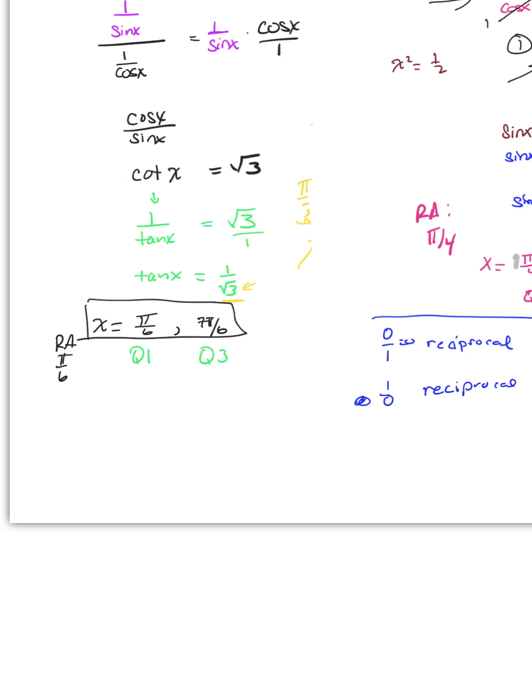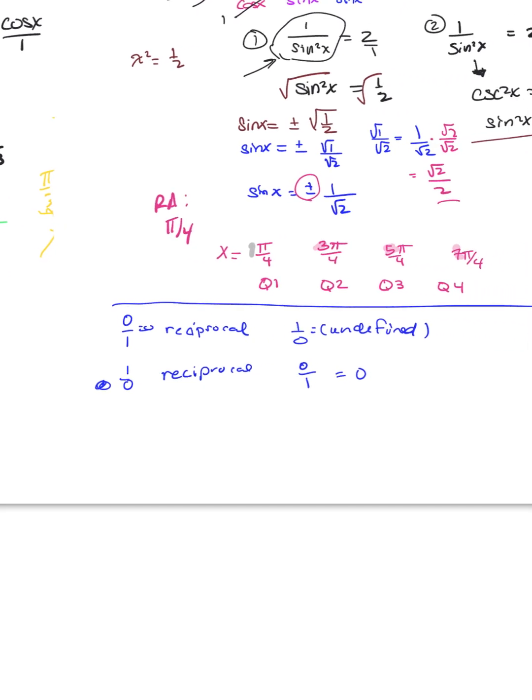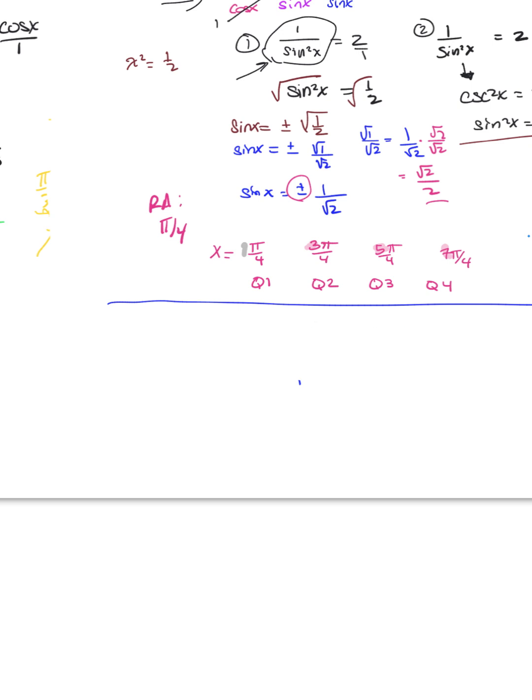Since I've already gone over this part of the problem, let me go back here and erase this. Okay, so let's think of a problem like this. Let's say we have tangent squared x minus secant x equals -1. Move everything over to the other side. Let me change this first into terms of secant.